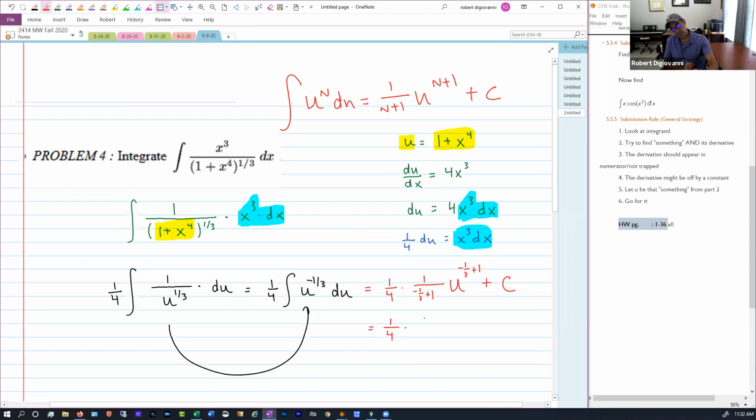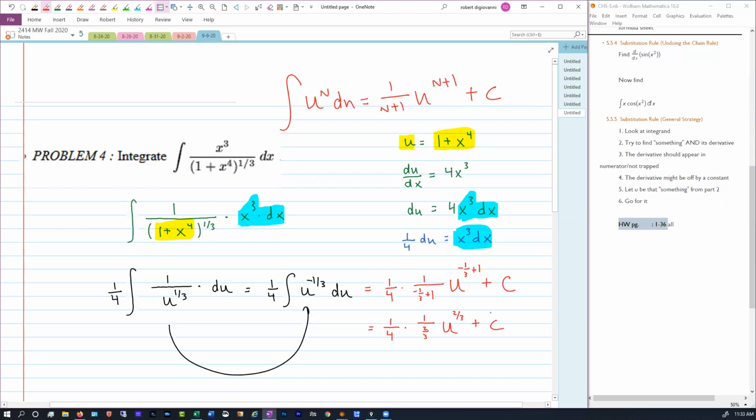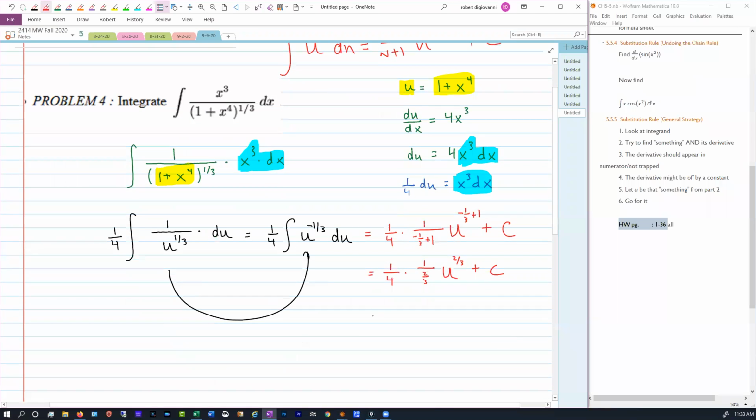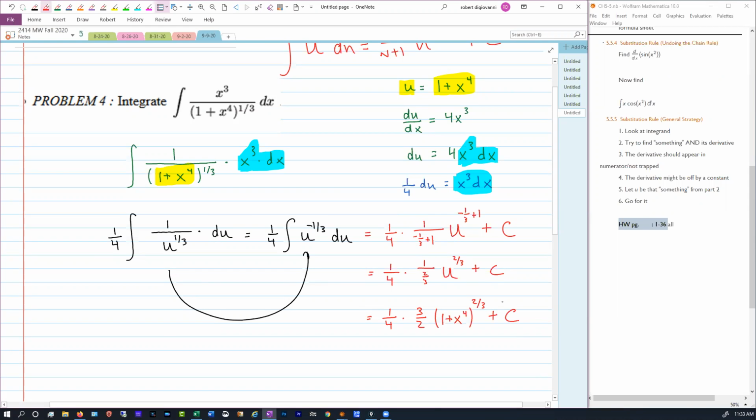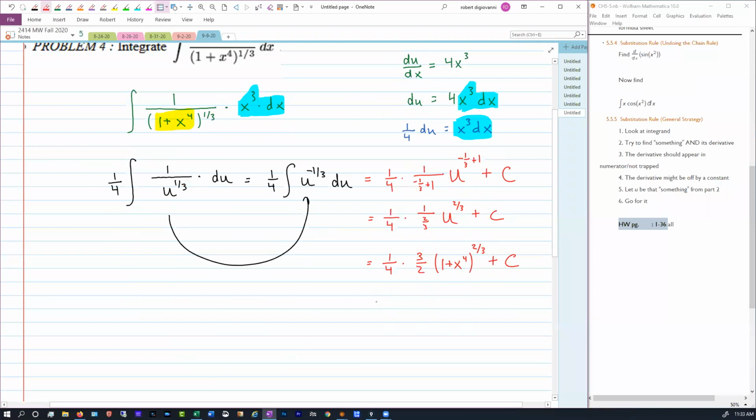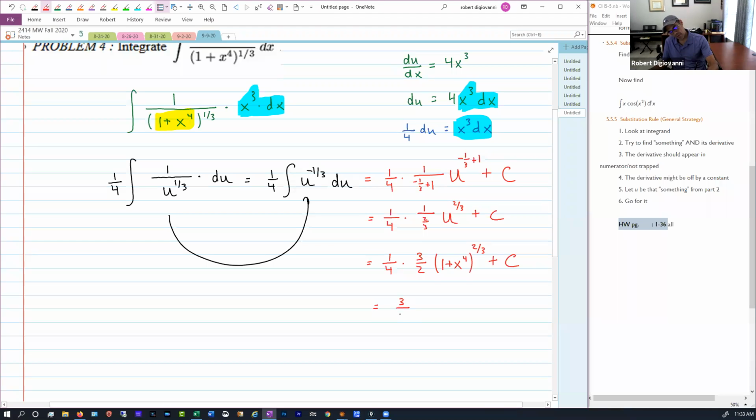So this first one is going to be 1 over, I'm going to go a little slower here, 2/3, u to the 2/3 plus c. 1 over 2/3 is the same as 3 over 2. U, which is 1 plus x to the 4th, I'm replacing it now, to the 2/3 plus c. And last step would be 3 over 8. Just put those fractions together, multiply them. There we go.